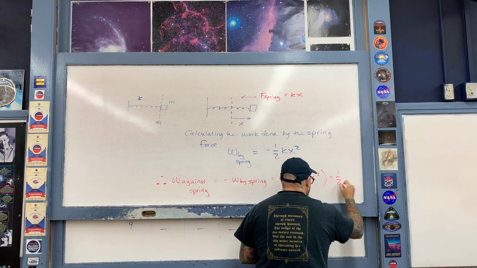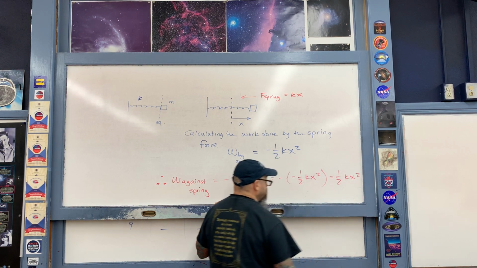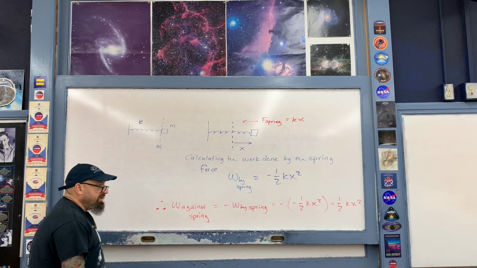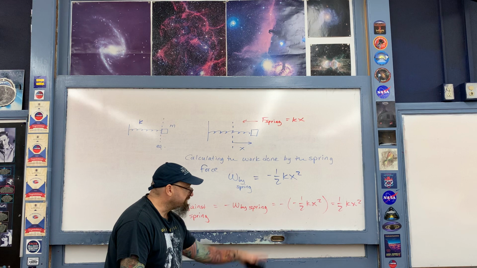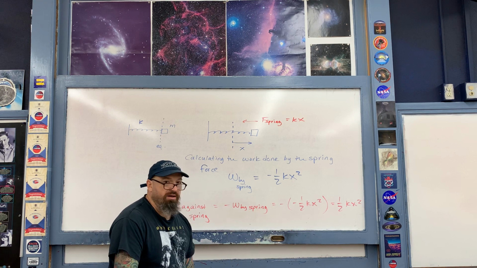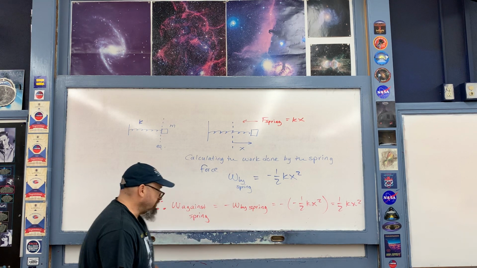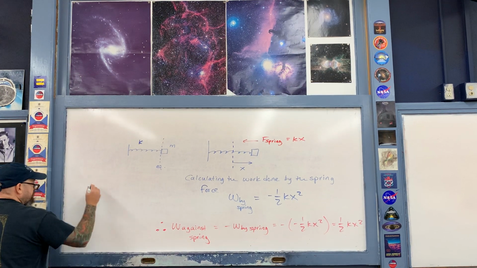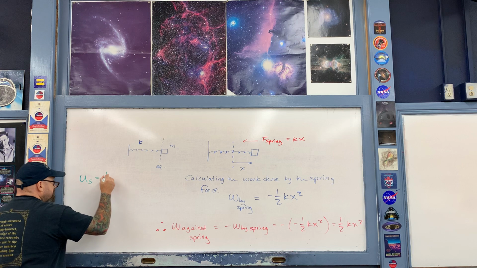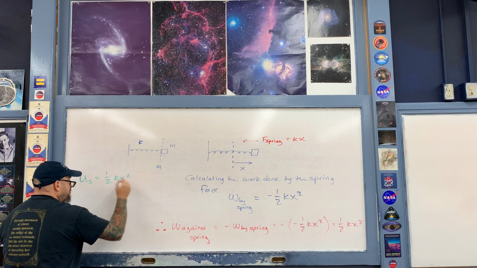This is equal to +1/2 kx squared. So the minimum energy that I use to overcome the spring force, the work against the spring force, +1/2 kx squared, becomes the spring potential energy. I'll write the spring potential energy as U sub s, and that's equal to 1/2 kx squared.